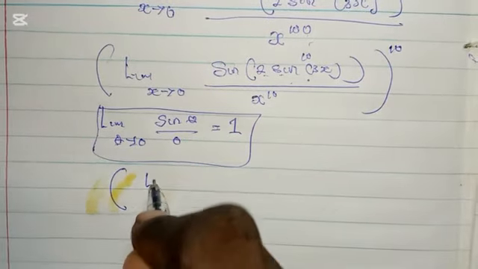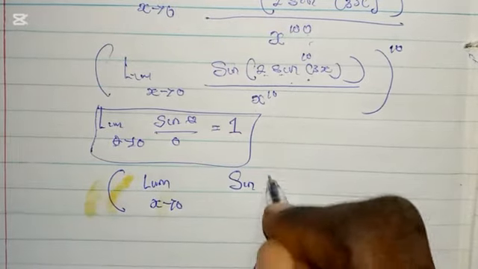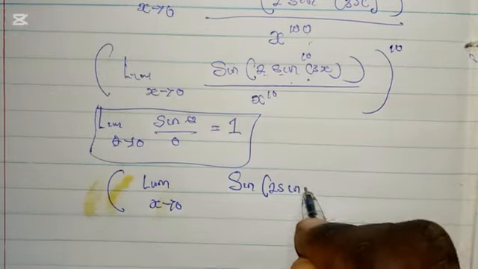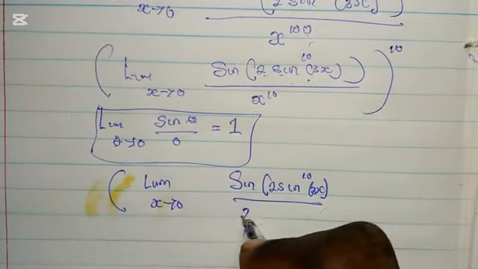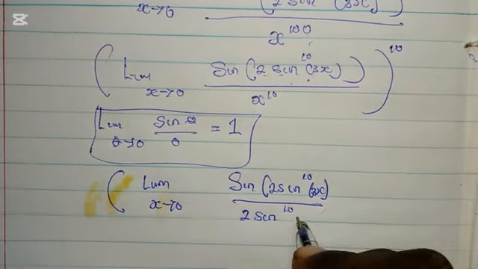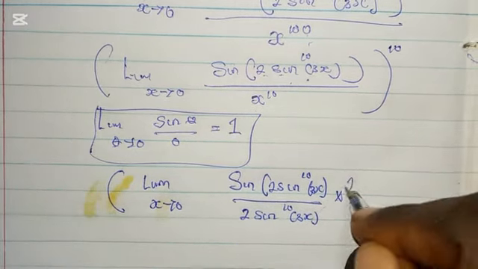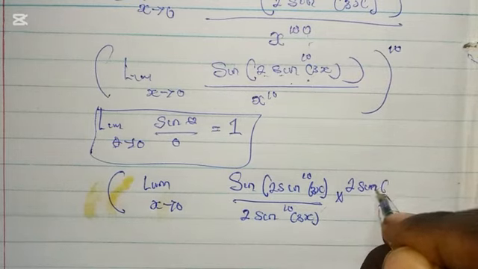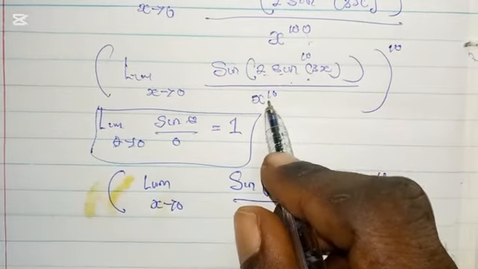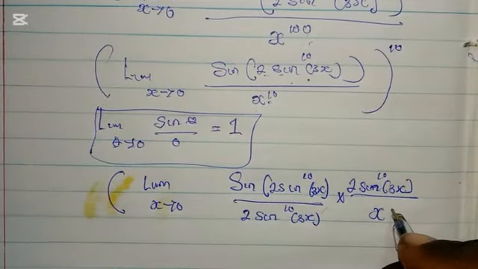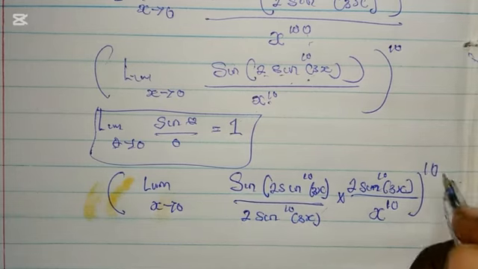We have, in brackets, limit x tends to 0 of sine 2 sine 3x, raised to the power of 10, all divided by 2 sine 3x, so we have multiplied by 2 sine 3x raised to the power of 10 also, and divided by what's in the denominator, which is x raised to the power of 10, and everything here raised to the power of 10.